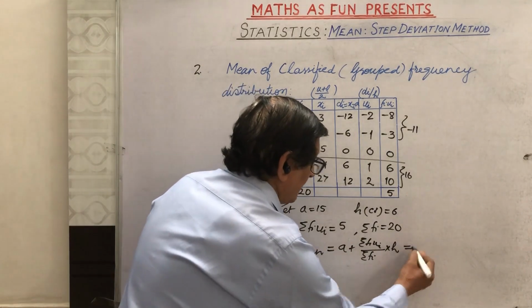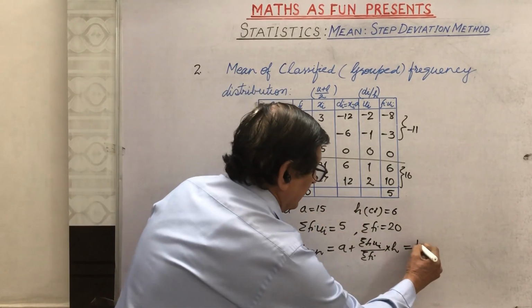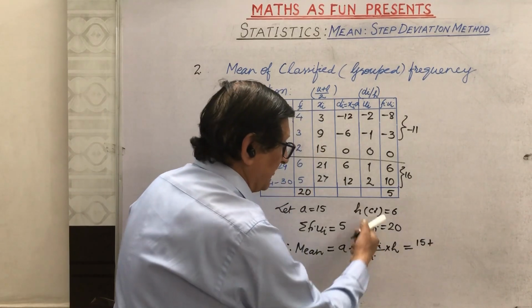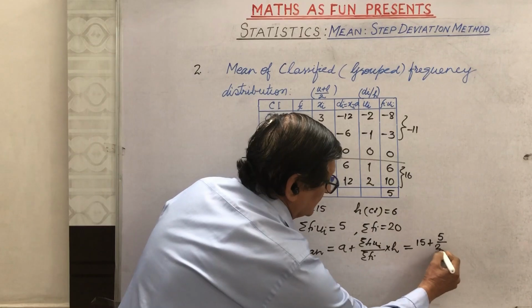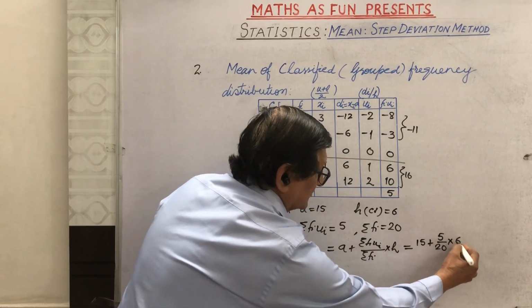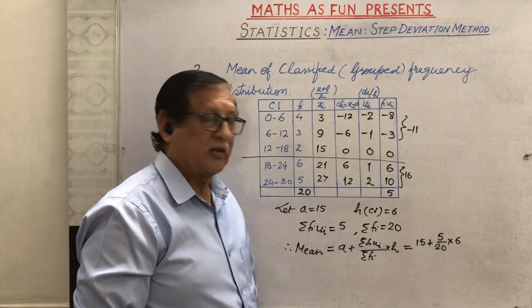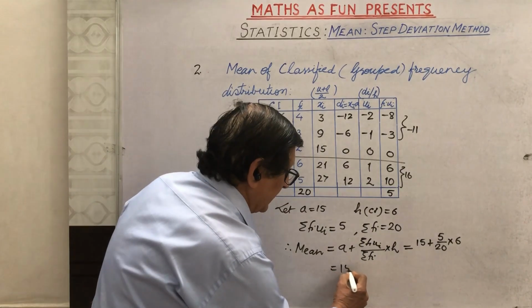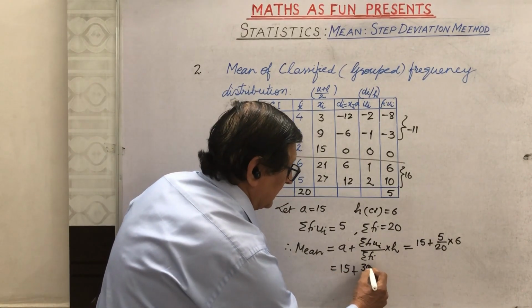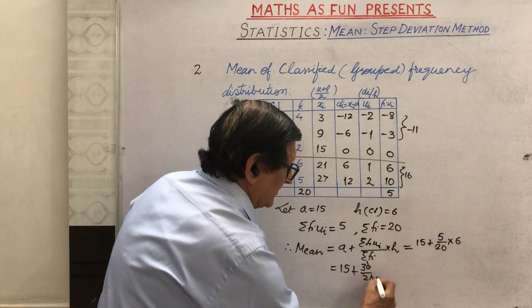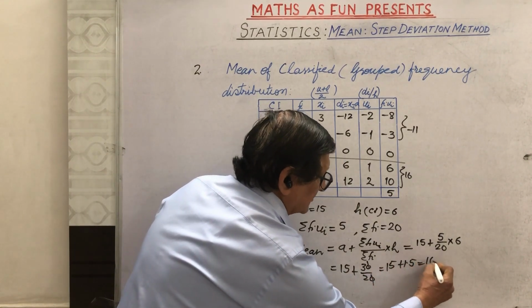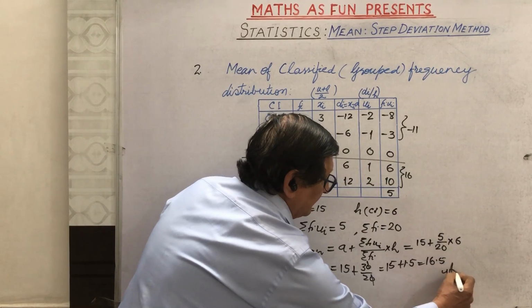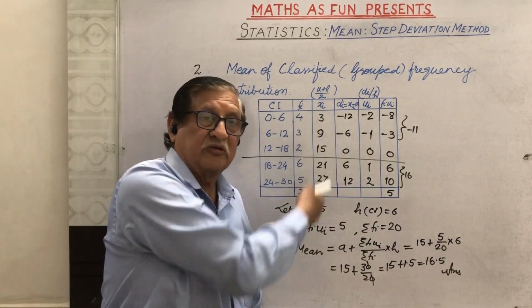Substituting the values, we get here A, that is 15, plus sigma fi ui is 5 divided by sigma fi, that is 20, into h, that is 6. And we get it as 15 plus 30 upon 20, this 0 cancels 0, it is 15 plus 1.5, or we can say 16.5, which is the mean of the given distribution.